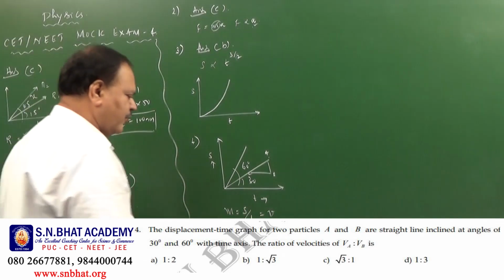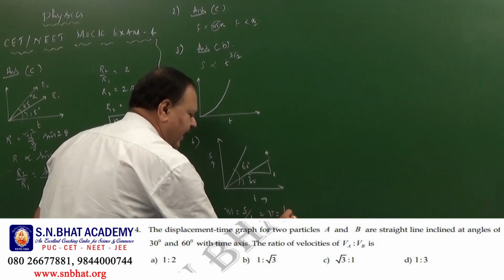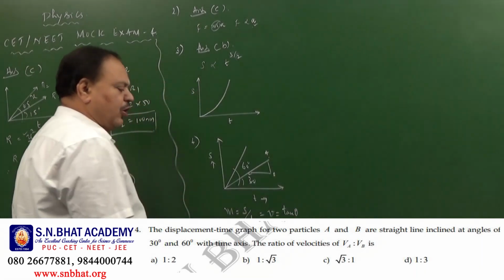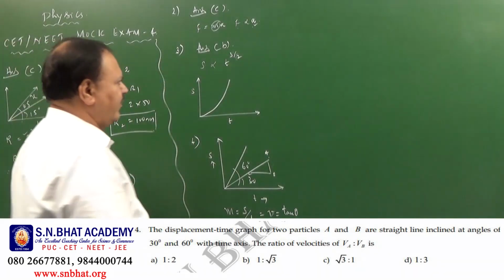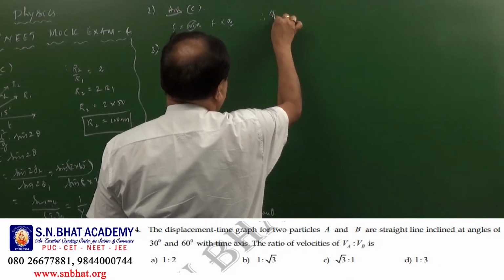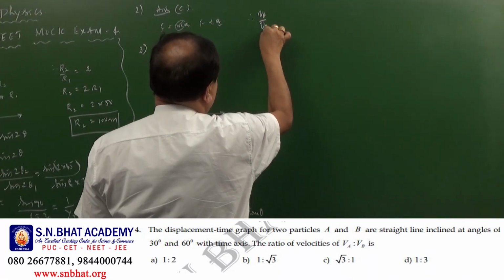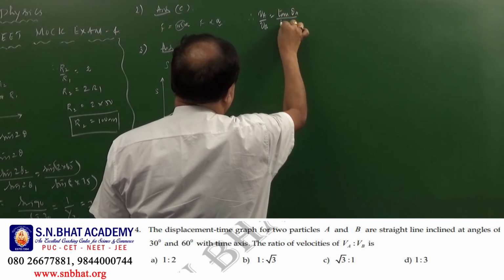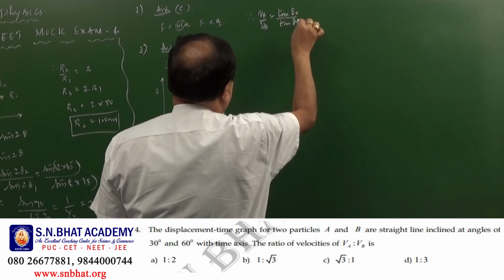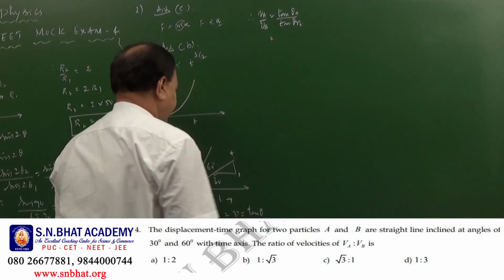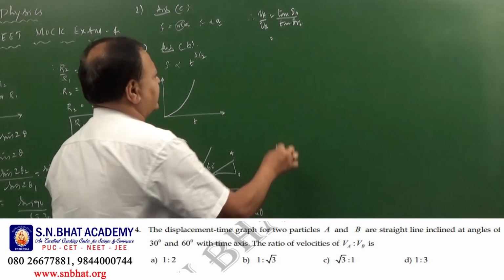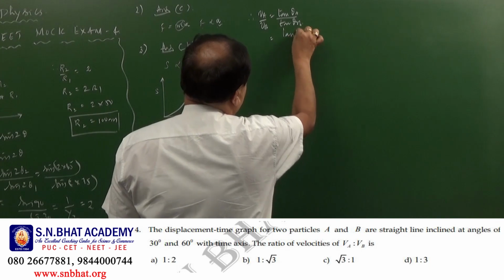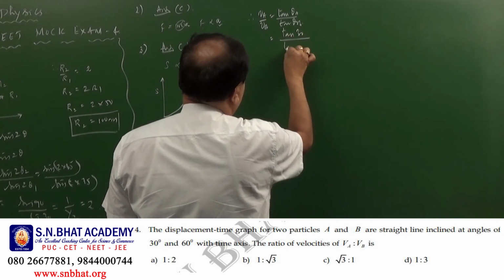Okay, therefore it is nothing but tan theta, because the slope is equal to tan theta. Now you apply this for the two bodies. It is VA by VB is equal to tan of theta A divided by tan of theta B, and therefore VA by VB, theta is 30 degree for one and 60 degree for the other, so tan of 30 degree divided by tan of 60 degree.